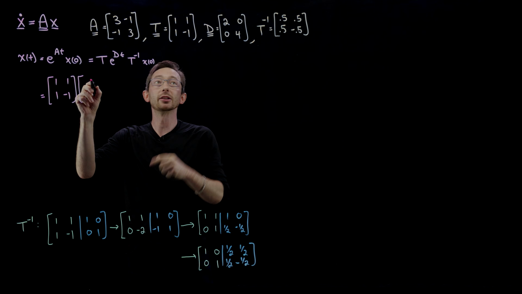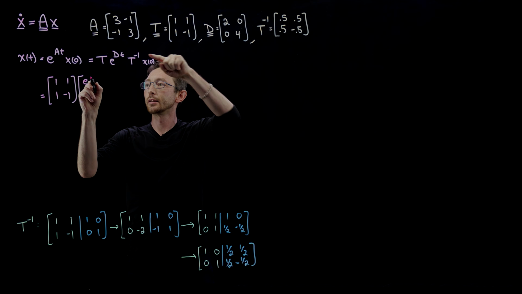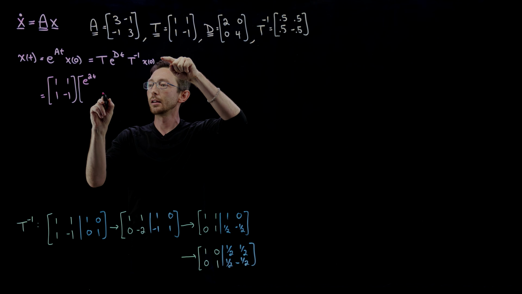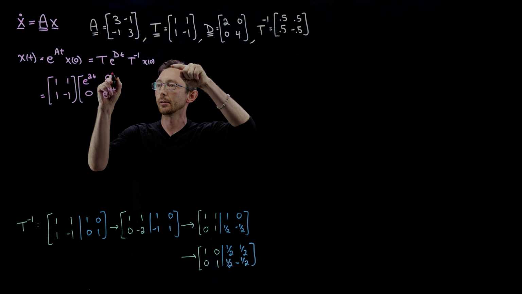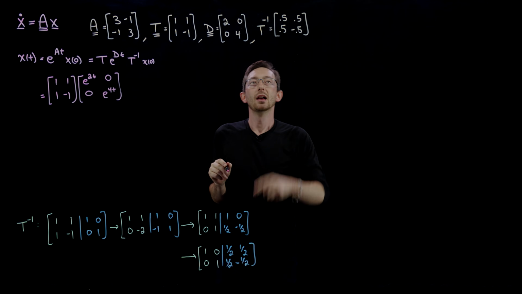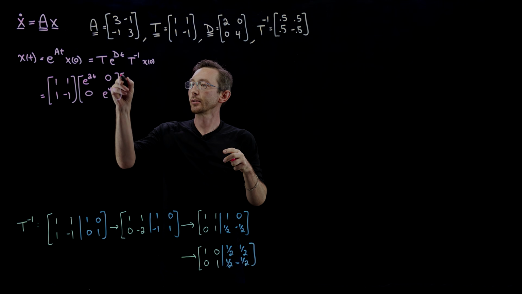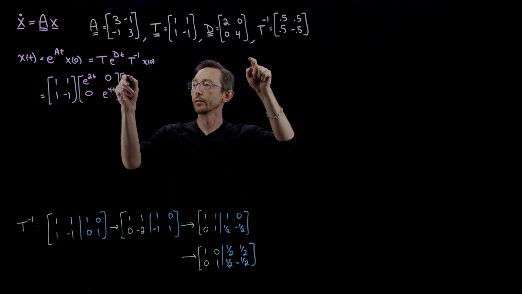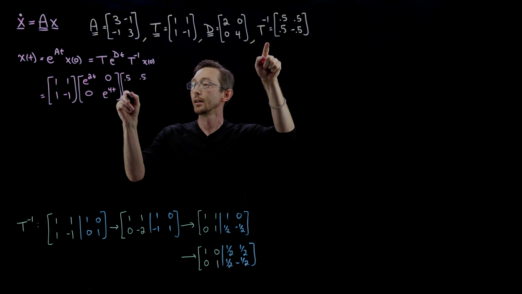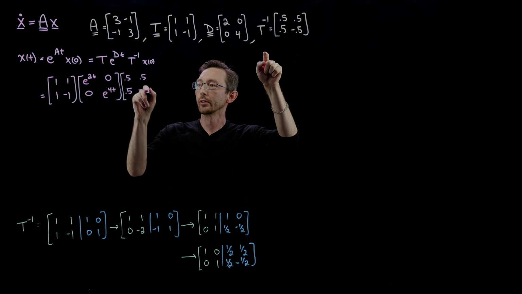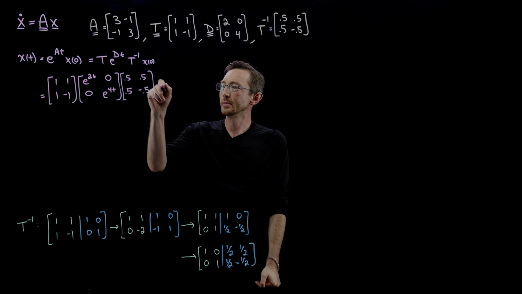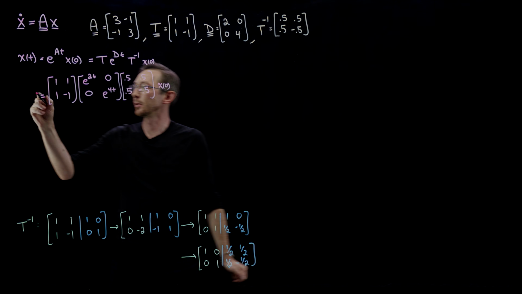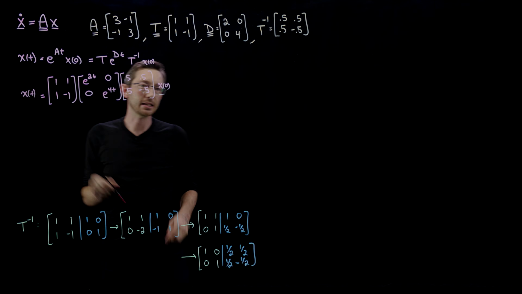So it's another diagonal matrix with e to the 2t and e to the 4t on the diagonals, 0, 0. Okay, good. And now I have T inverse equals 0.5, 0.5, 0.5 minus 0.5. All of that times x naught. Okay, this is what x of t equals.